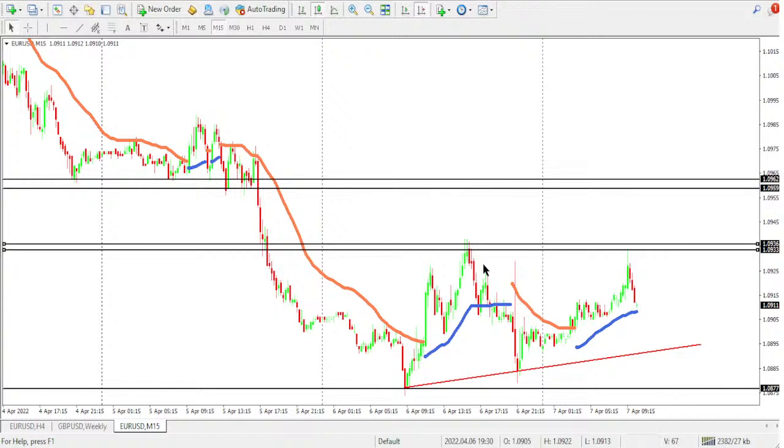So the shapes which we have on this chart currently look like there is a minor one here, there, and then we have another one there, and then we have another shape. It doesn't look very good, but still this is a shape.